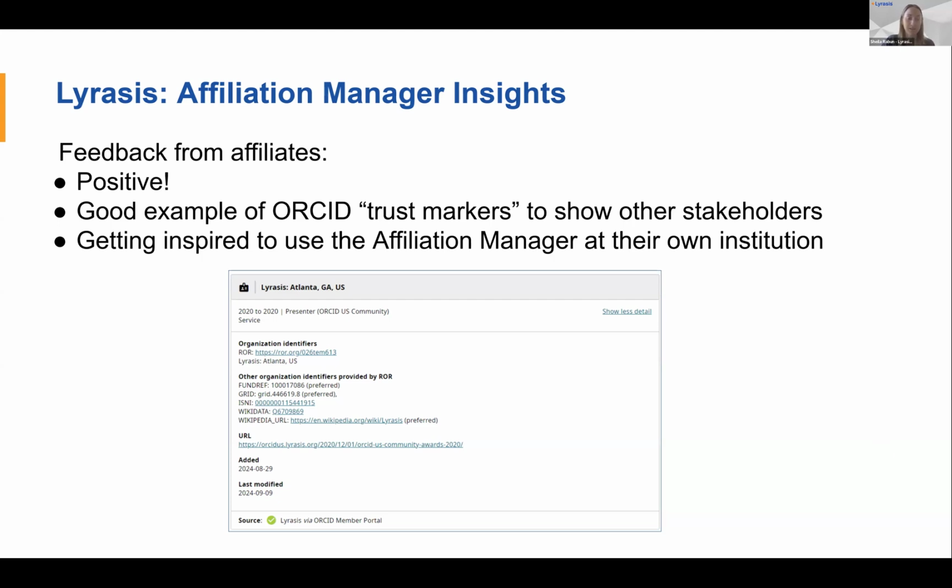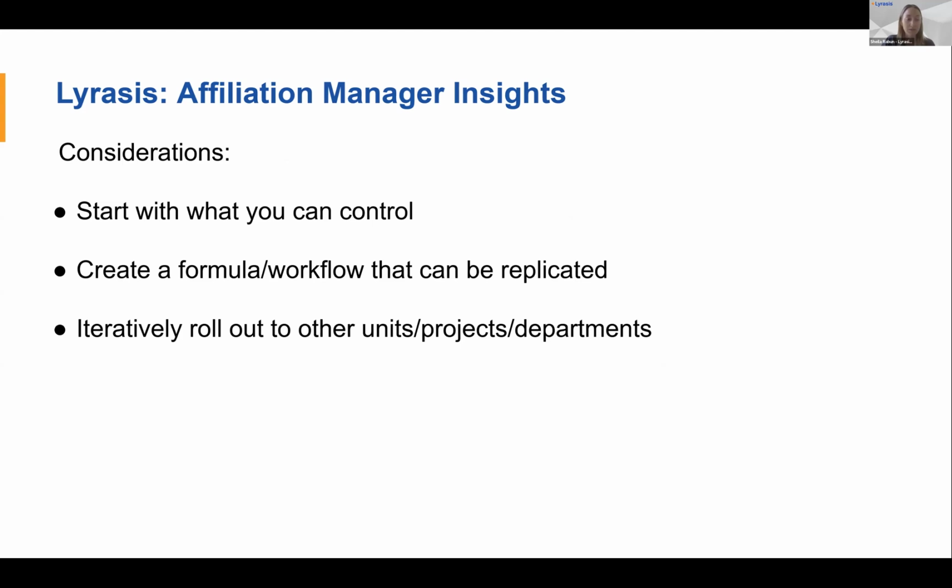And my considerations to leave you with here are, you know, it can maybe seem a little overwhelming or daunting to think about pushing affiliations to every single person at your organization. So my recommendations would be, no matter where you're located at your organization, try to just start with what you can control. Like we started with our pilot of just looking at people who have volunteered for programs that we manage.